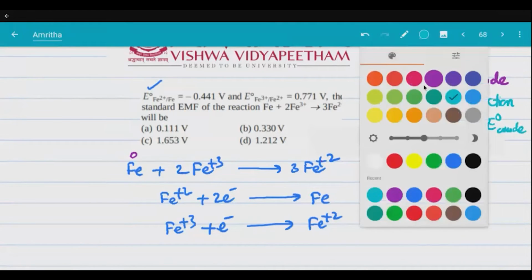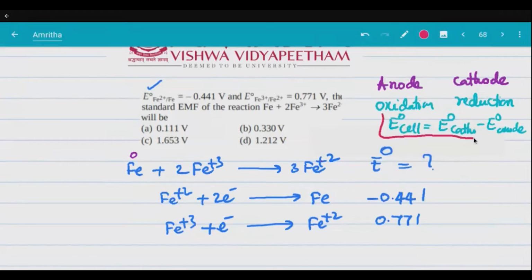If you construct a cell, just take SRP values only, don't change the sign. Directly take the values with sign and subtract cathode minus anode. Which one is the cathode here? 0 to plus 2 is the anode.